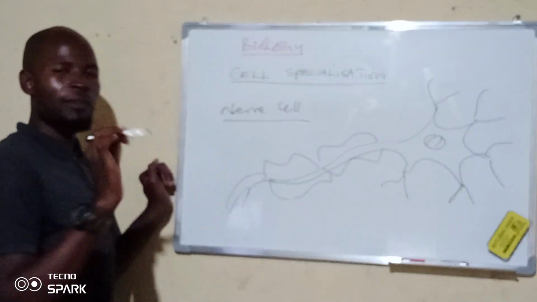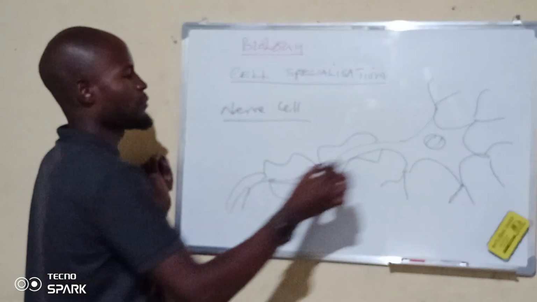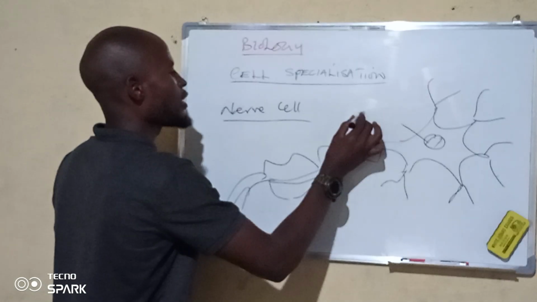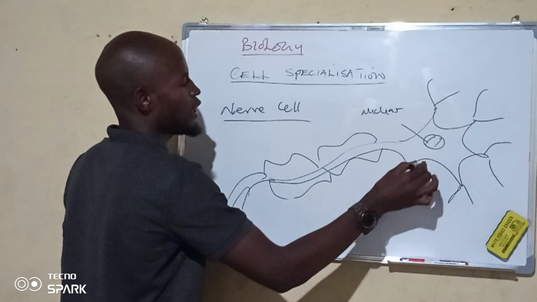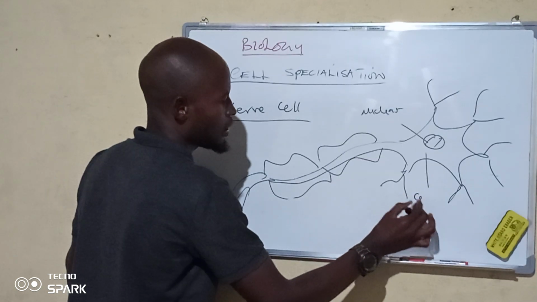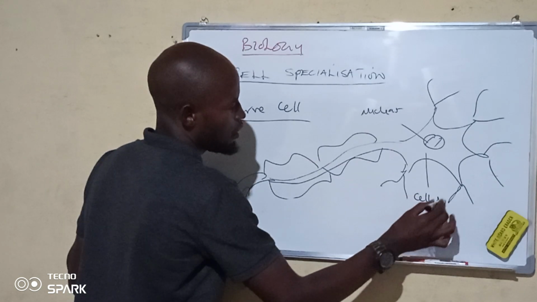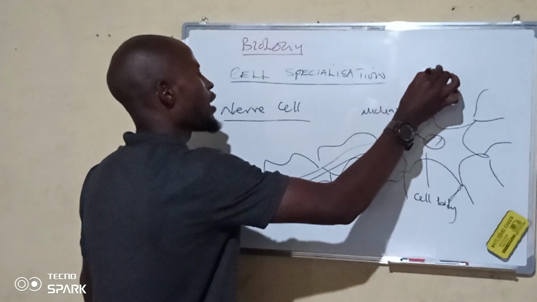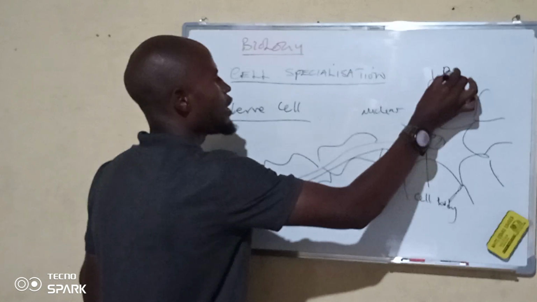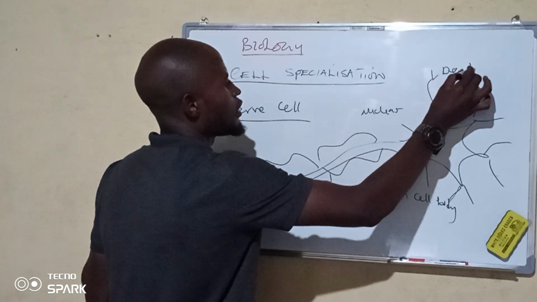So now let us label the parts of the nerve cell. This part is the nucleus. This other part is the cell body. Then these ones are the dendrites.